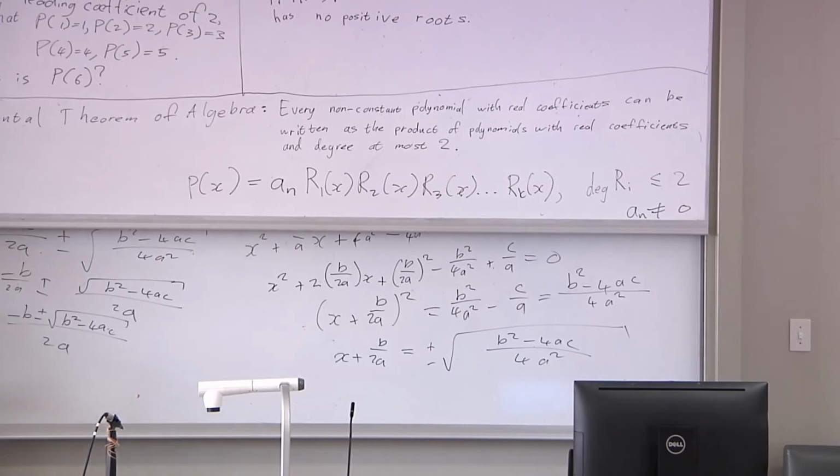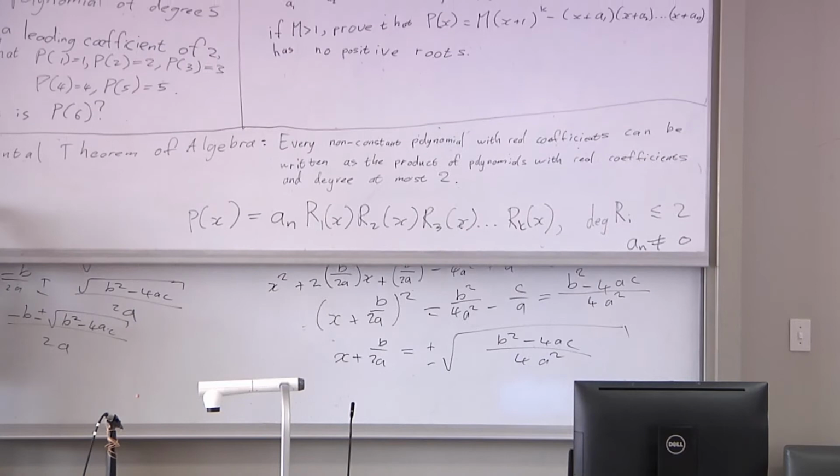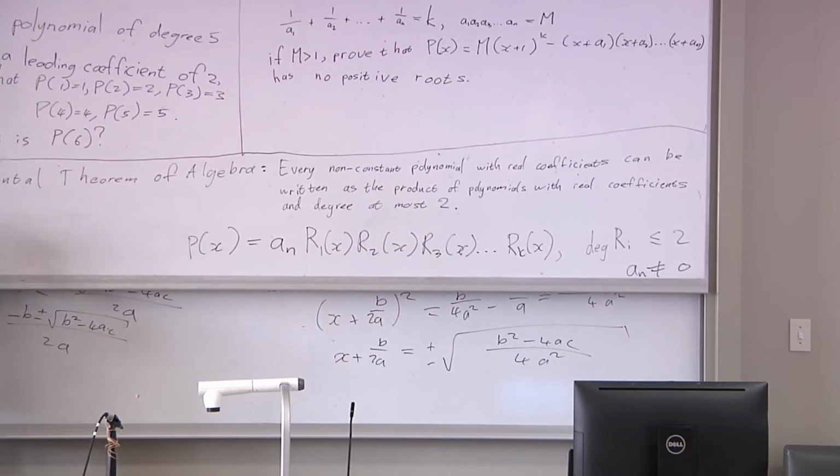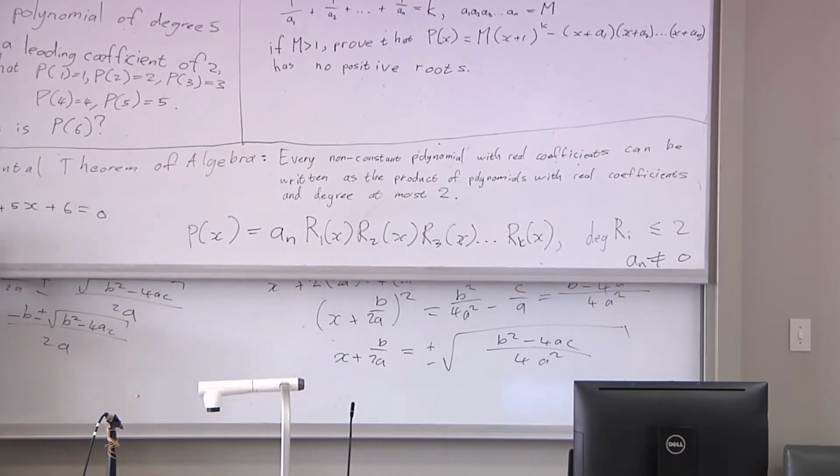So, if you want an example of it working, take, I don't know, x squared plus 5x plus 6 is equal to 0. So, according to the formula, the solutions to this would be x is equal to negative b, so minus 5, plus minus the square root of b squared, which is 25, minus 4 times 6 times 1, over 2.